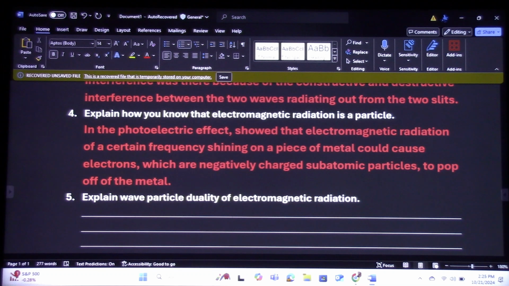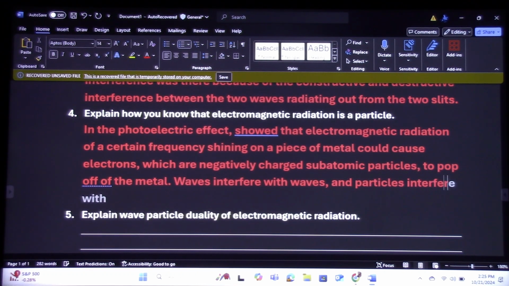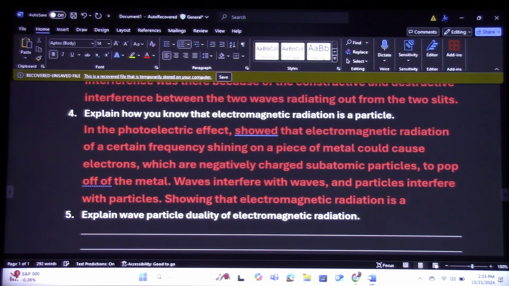And we know that waves interfere with waves and particles interfere with particles, showing that electromagnetic radiation is a particle.